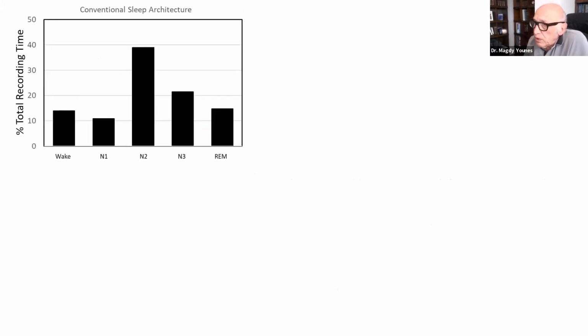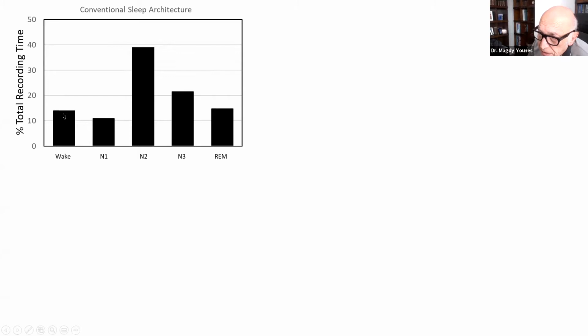Okay, so now we move into my attempt at switching from conventional sleep architecture to an ORP-based sleep architecture. This is the conventional sleep architecture, expressed as percent of total recording time. As you may realize, this is a perfectly normal sleep architecture.